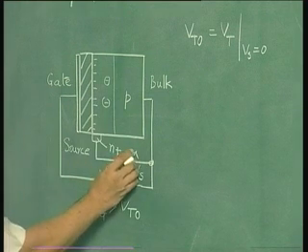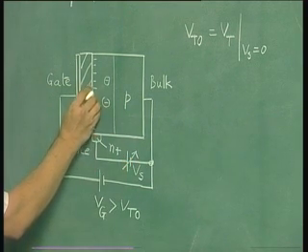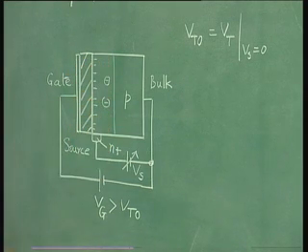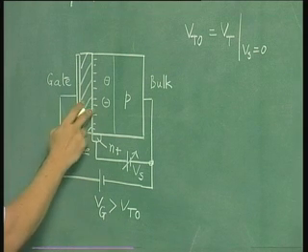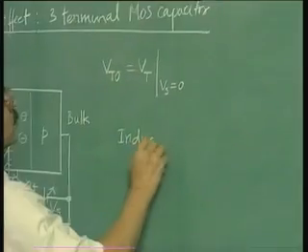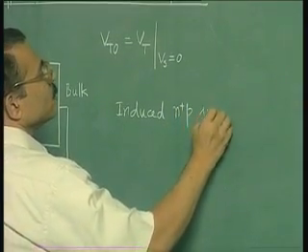To understand the effect of Vs on the inversion layer, it is useful to regard this particular region of the MOS capacitor next to the interface as an induced N plus P junction.